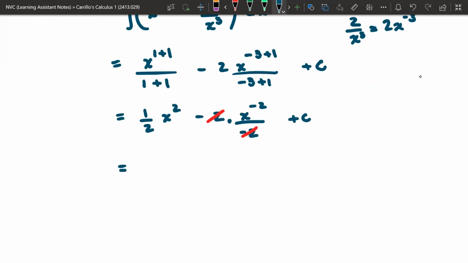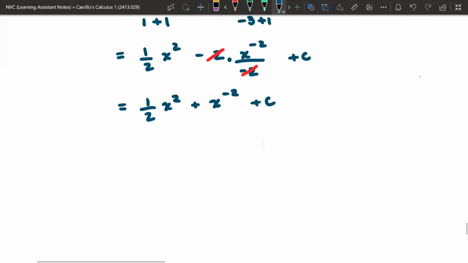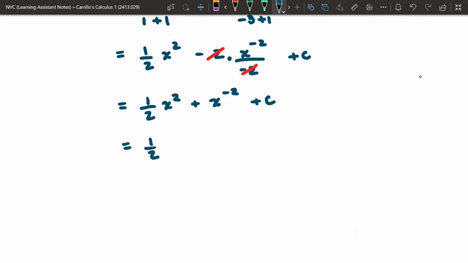And we'll have 1/2 x squared plus x to the -2 plus c. And then our final rewrite will be 1/2 x squared plus 1 over x squared plus c.